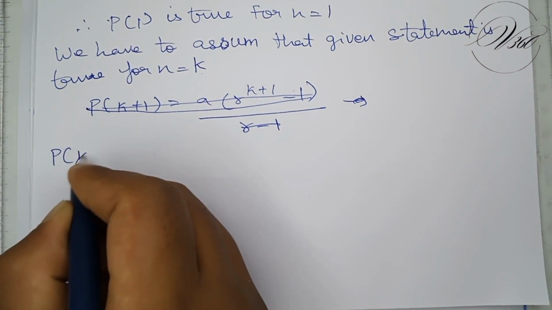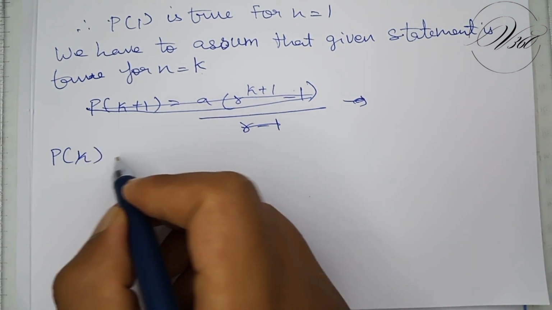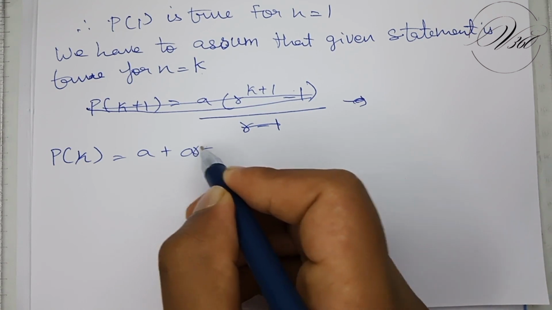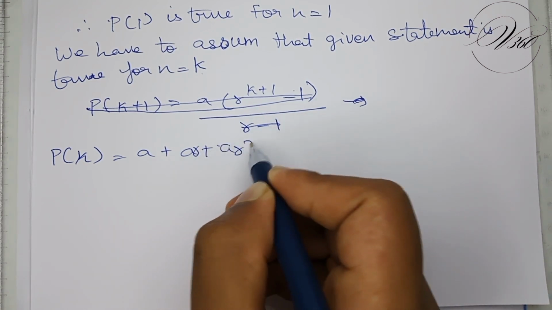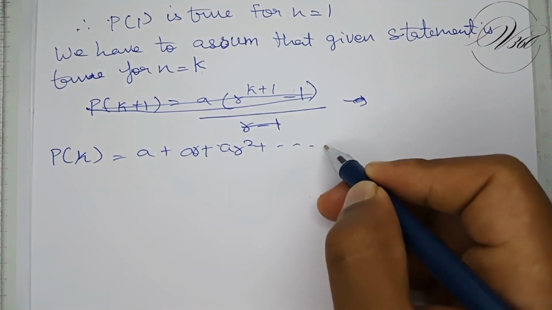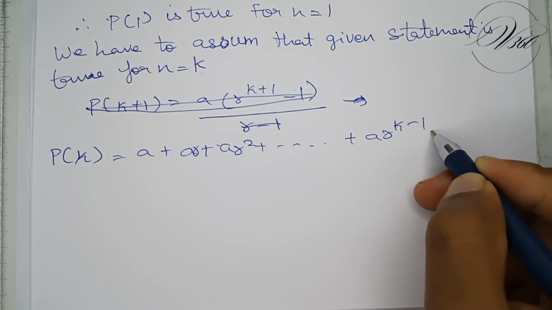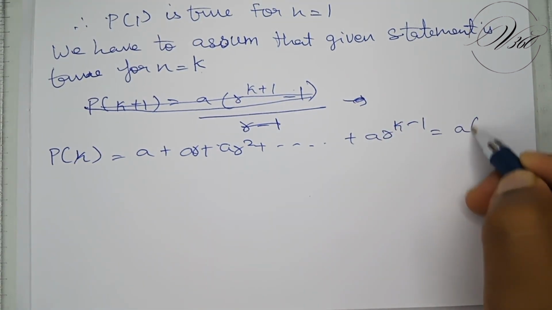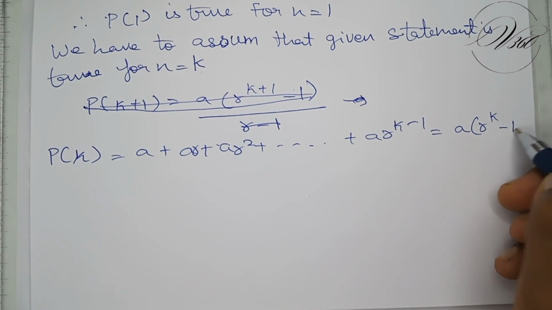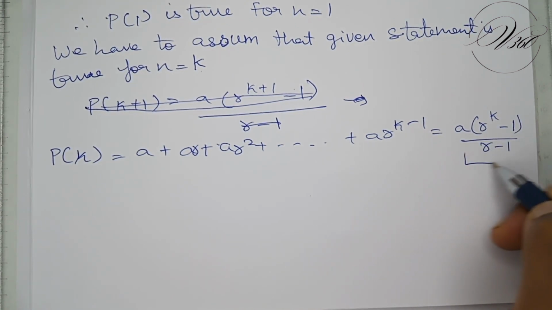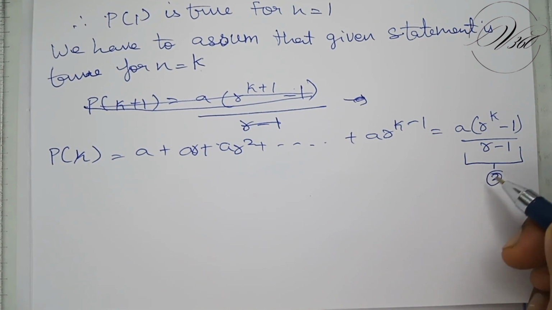P of k is equal to a plus ar plus ar square plus until ar to the power k minus 1, which is equal to a of r to the power k minus 1 by r minus 1. This is the second equation which we get.